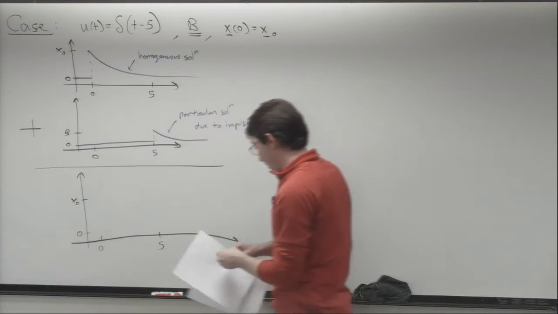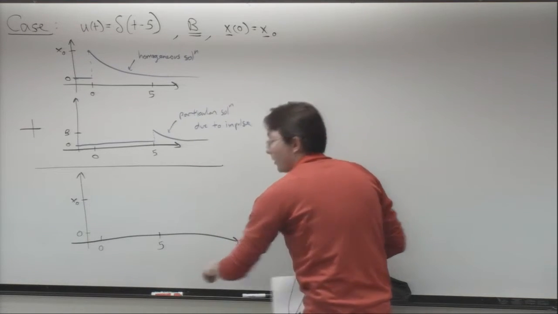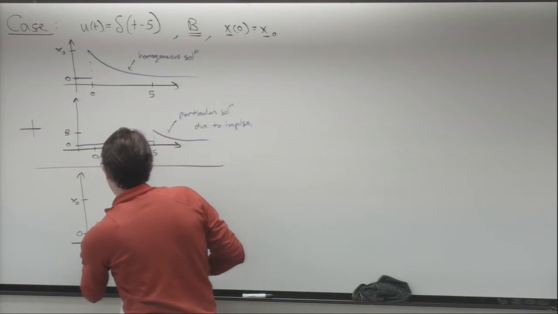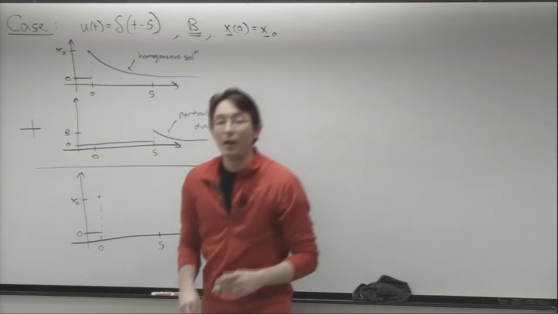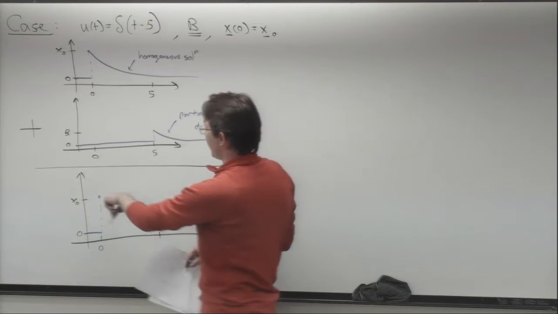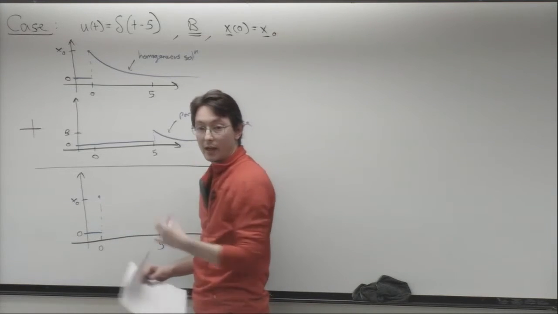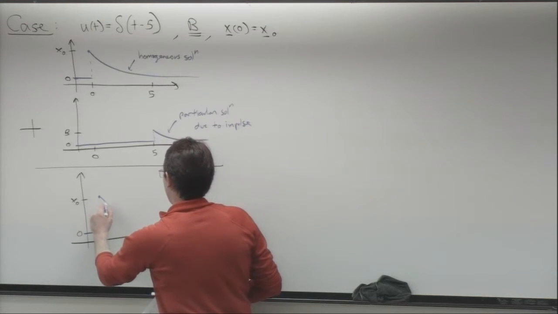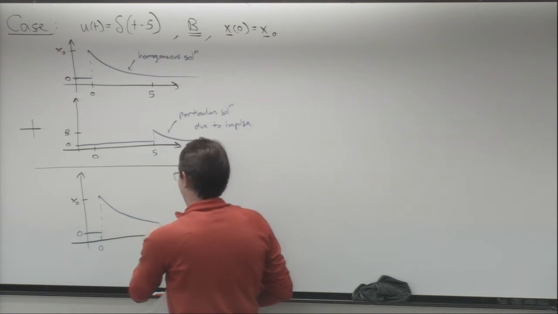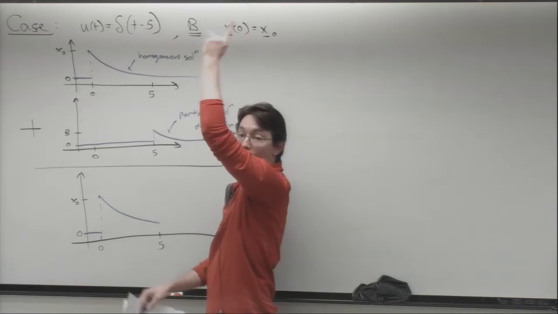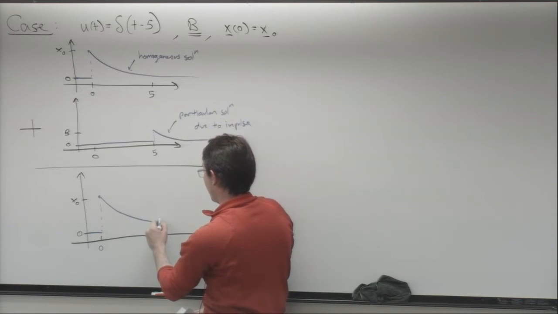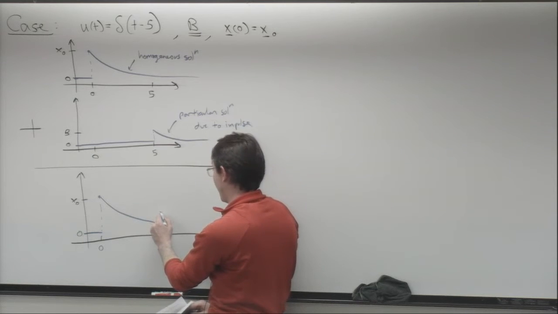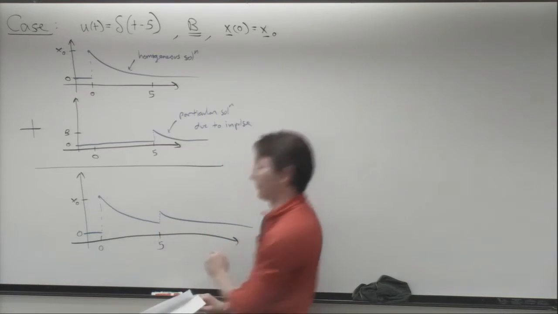So our solution, at time 0, we have some initial condition, x naught. And until time 5, my initial condition is just decaying due to the e to the At dynamics. It's just decaying, decaying, until at time 5, I get an impulse in u, and it jumps me up another B. And then after that, I continue to decay forever.